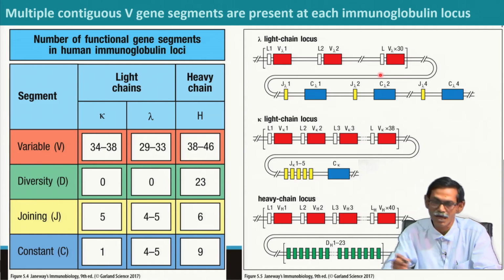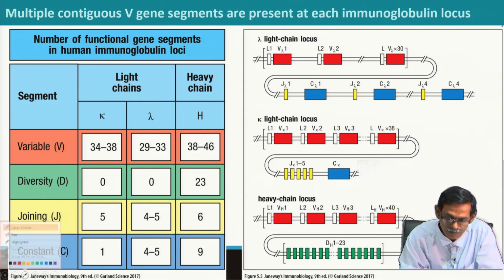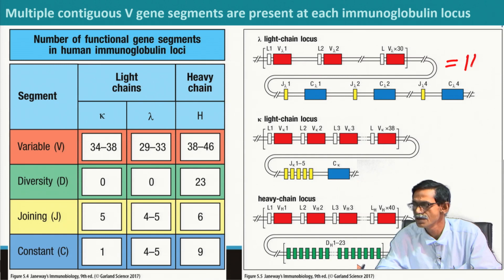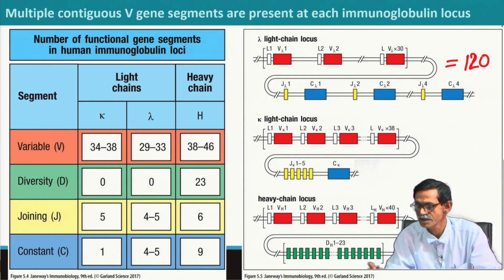And for kappa, for a rough calculation, say if this is 40 and we have 5, what will be the total?